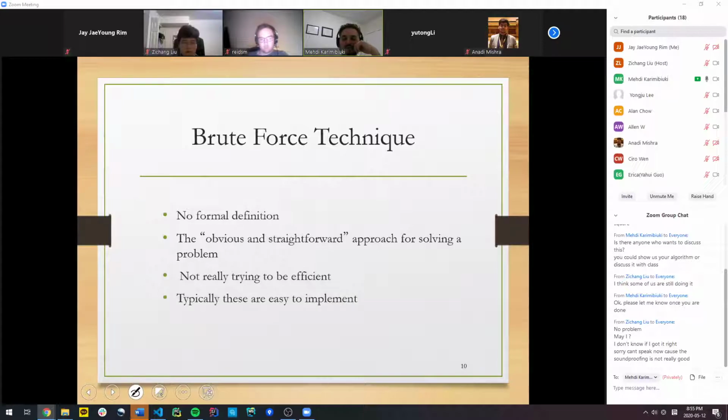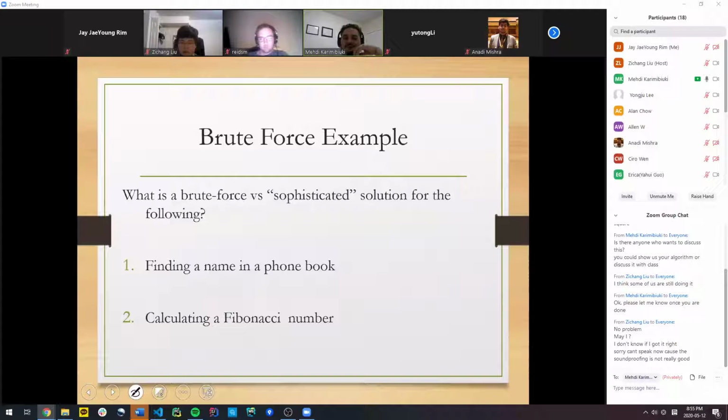In this method, you're not trying to be efficient. It's just easy to implement, and the force comes from using the computer. Let's say you're given all the power of the world, and you just go crazy developing the way you think is right. You just do it. It's like a 5 cents approach to solving problems.